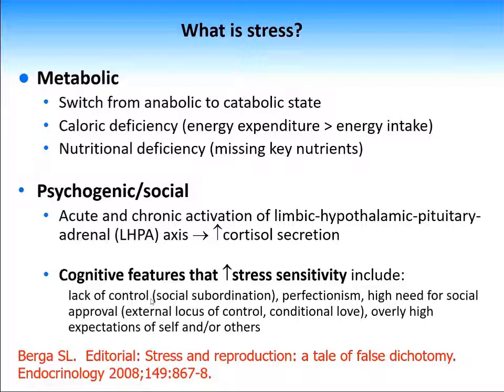On the other hand, if the environment itself is so stressful that it cannot be controlled in some relatively predictable manner, then that individual will experience a lack of control regardless of cognitions. So most of life is a blend of things that you can't control and things you might be able to control. And when you're thinking about individuals that have infertility, really it's important to focus on the things that are controllable, that are attitudes that the individual possesses.